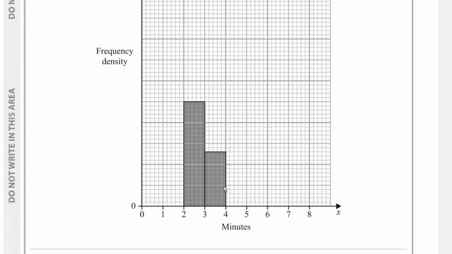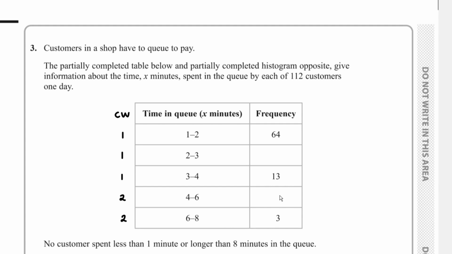Here is the histogram that's partially completed. We have the minutes and the frequency density. We've been given the bars for the interval 2 to 3 and the bar for the interval 3 to 4. We know already between 3 and 4 we have a frequency of 13.